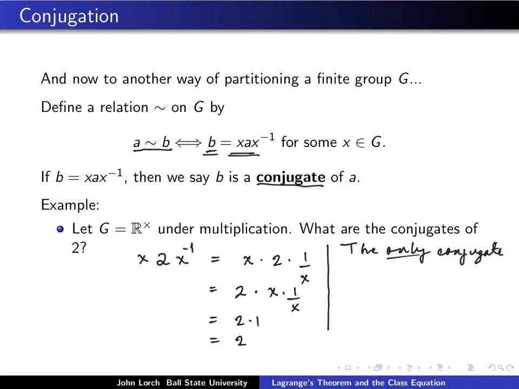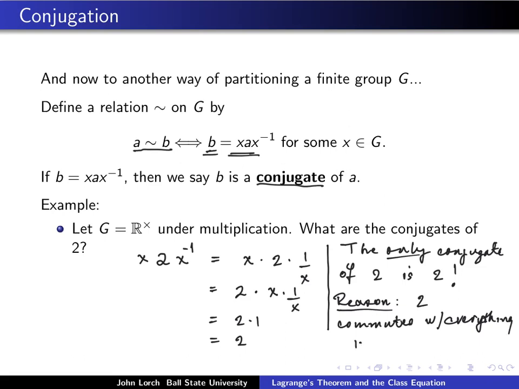Right, so the only conjugate of 2 is 2. And really the reason for that is that 2 commutes with everything in this group of non-zero real numbers under multiplication.